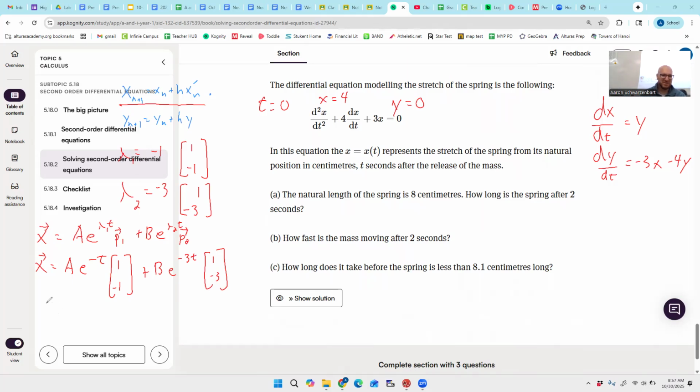Which gives us this. 4 equals a times 1 e to the 0, right? Plus b times 1 e to the negative 3 times 0, which is still e to the 0. So that's 4 equals a plus b.